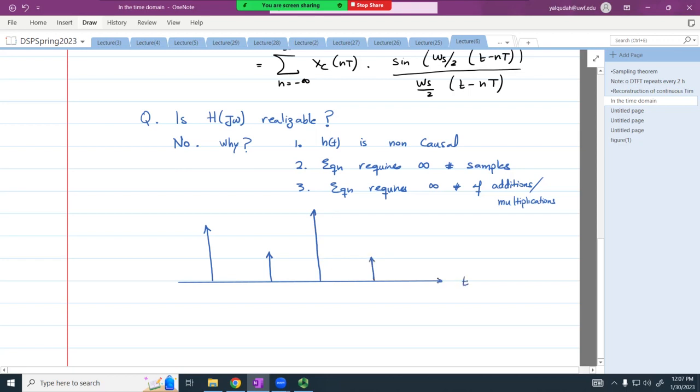This is T, this is 0, T, 2T, 3T, etc. What's going to happen when I apply this to this filter h of t?